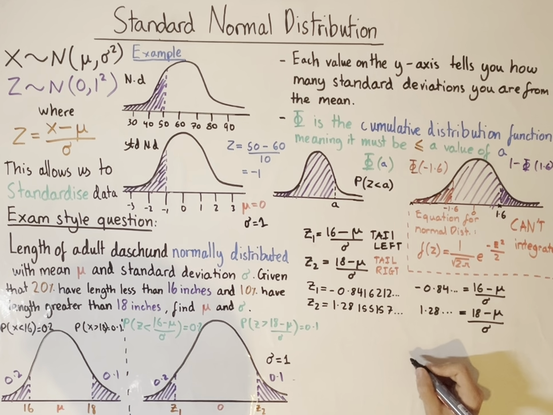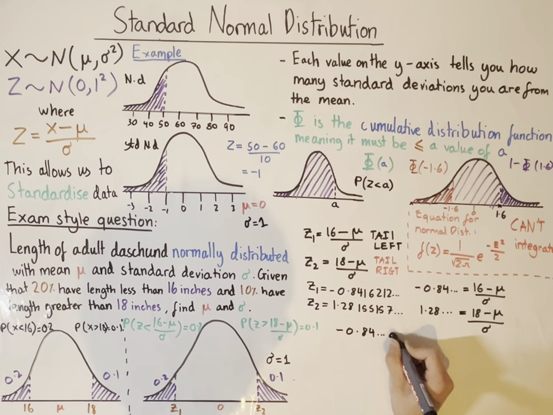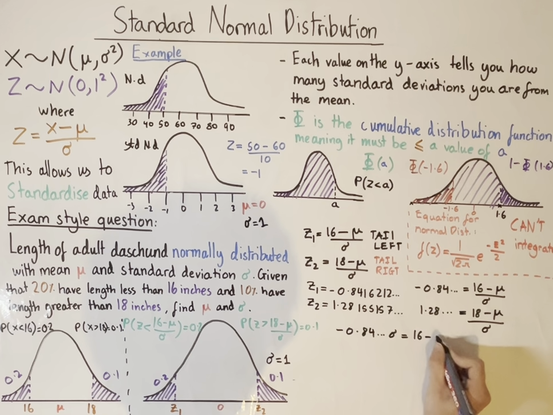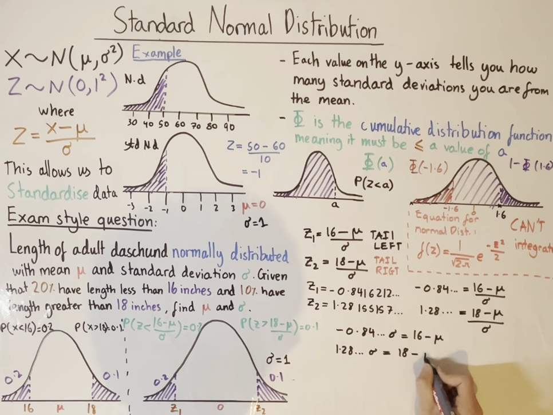We can then rewrite this, so we have minus 0.84 sigma equals 16 minus mu, and 1.28 sigma equals 18 minus mu.